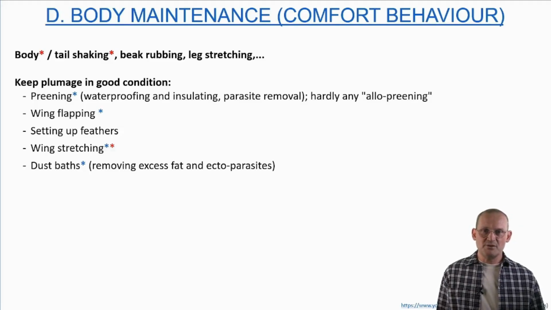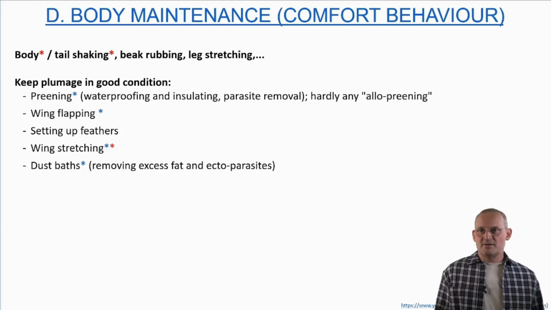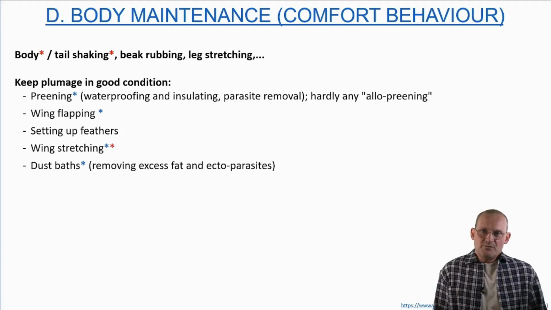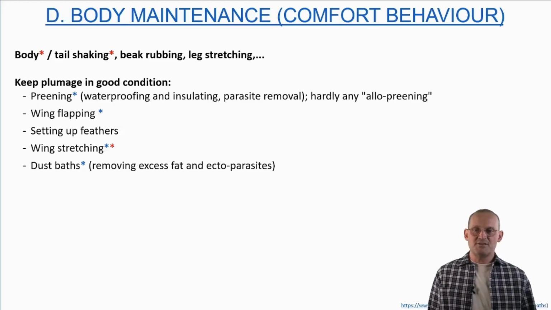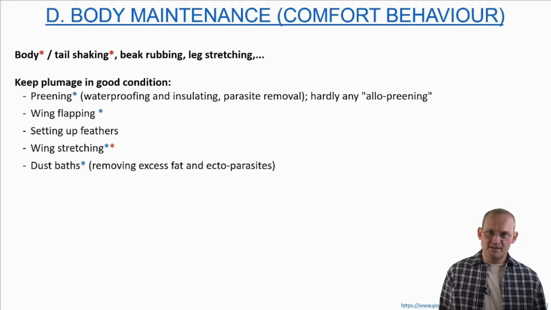We don't see a lot of allopreening, so one bird preening another bird. Other behaviors related to keeping the plumage in good condition are wing flapping, setting up the feathers, wing stretching, and very important, dust bathing. The main functions of dust bathing are believed to be removing excess fat from the feathers and removing ectoparasites.